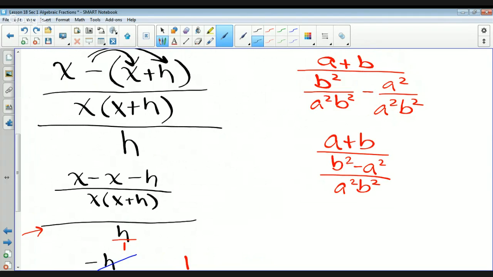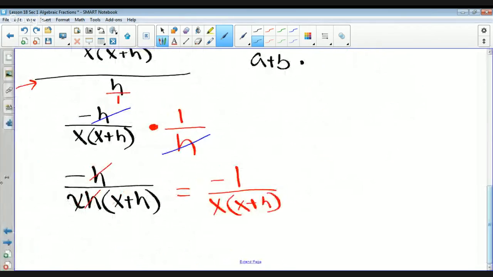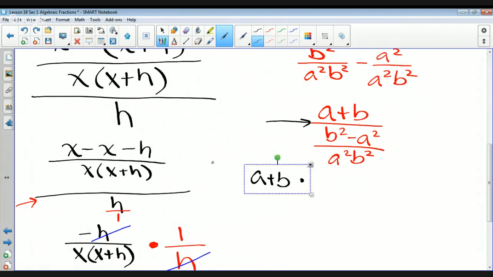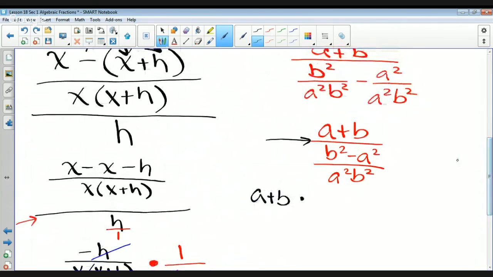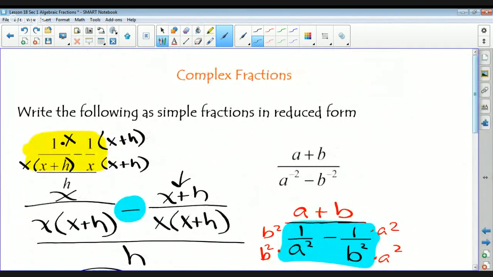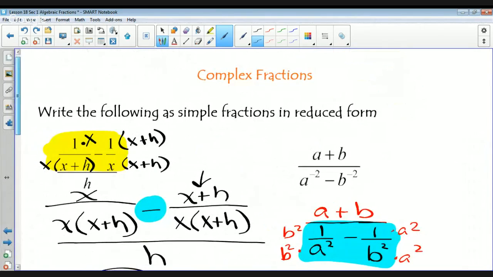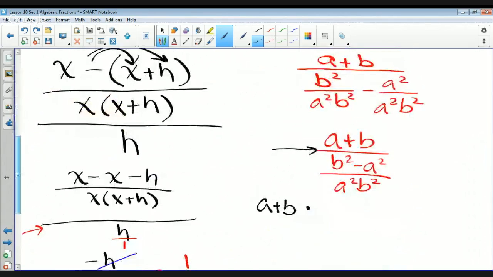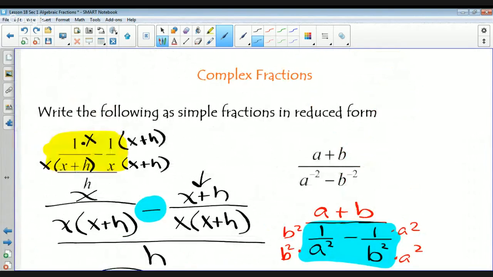So we're going to change the division to multiplication. It's going to be quantity A plus B times, and then what do I have to do to the denominator? Flip it. Oops, a little too far. I don't even know how I did that. What is happening?